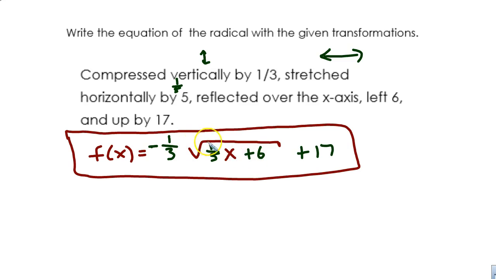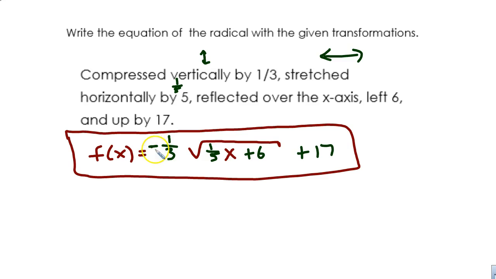And then outside of the radical is going to be all of the vertical transformations. That would be shifts up and down, and stretches and shrinks up and down. So a stretch or a compression or a shrink would be out front, in front of the radical. Up and down shifts are going to be at the very end.